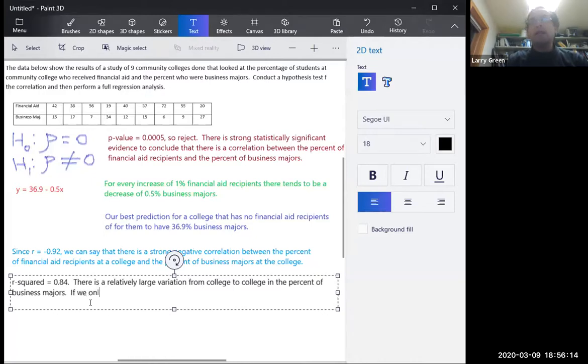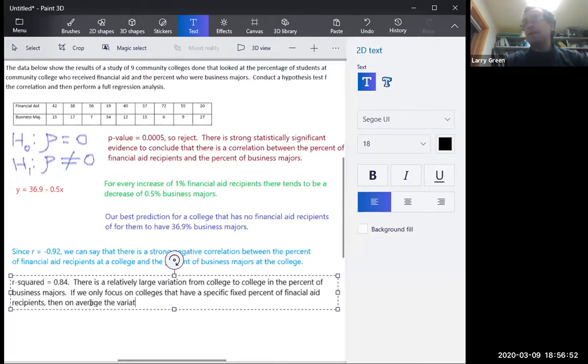If we only focus on colleges that have a specific fixed percent of financial aid recipients, then on average, the variation in the percent of business majors is decreased by 84%.